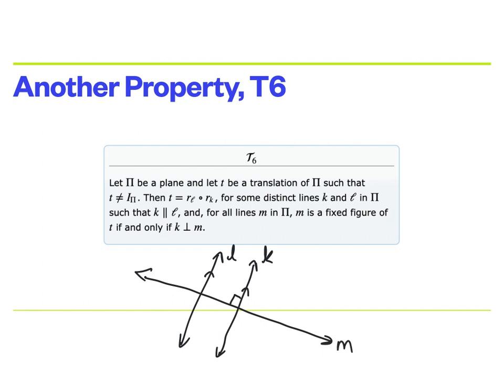So here is my line M. If I have this line that's perpendicular to K, it's perpendicular to one of two parallel lines, so it is now perpendicular to the other.